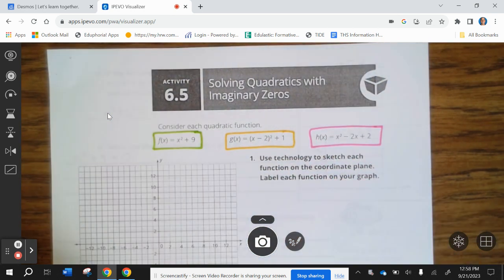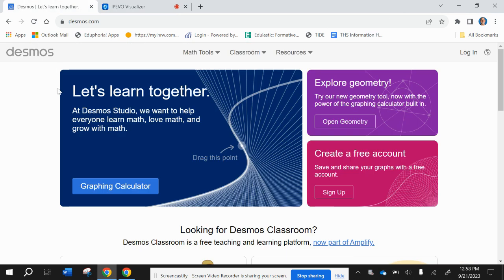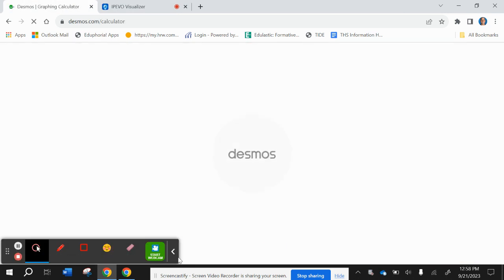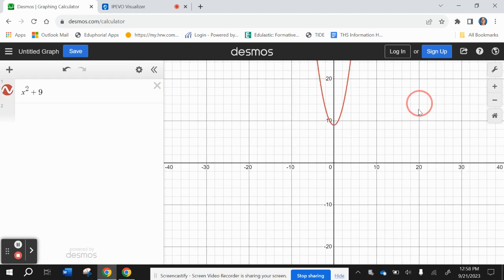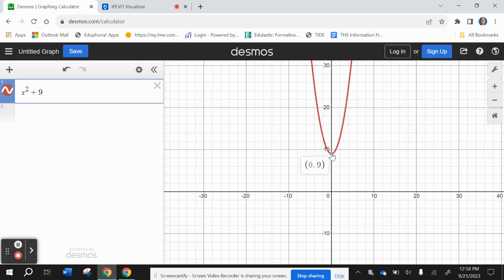All right, let's use Desmos to get those points. So let's do x squared plus 9. Graphing calculator, x squared plus 9. Now I don't see the graph, so I'm going to zoom out. And I'm going to pick points. 0, 9 is a good point.